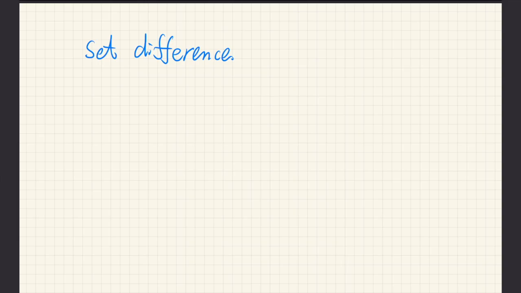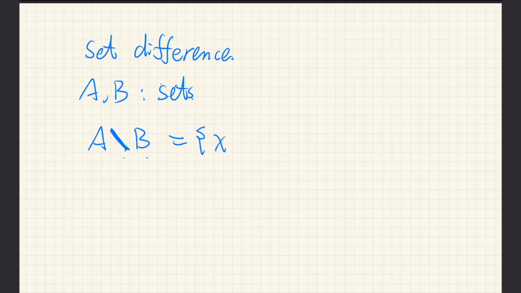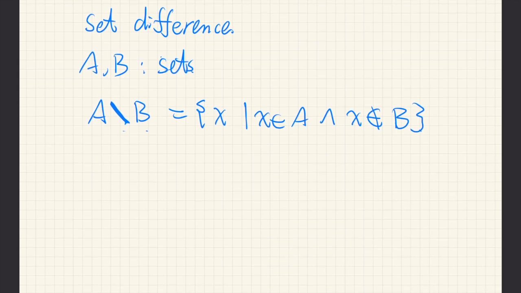Next we go into another set operation, that is set difference. This is like a subtraction of one set from another set. Let A and B be sets. We write A set minus B, A backslash B, and it is defined as elements x that belong to A and x does not belong to B. Graphically, it looks like this.